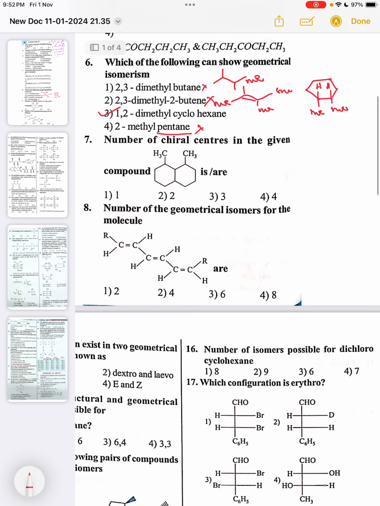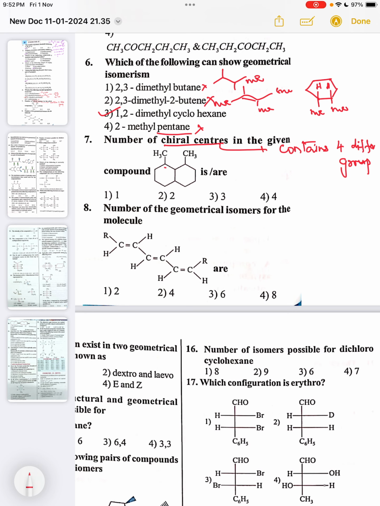Next, let us see the number of chiral centers in the given compound. A chiral center is nothing but a carbon which contains 4 different groups. Then that carbon is called a chiral carbon. This we generally discuss in optical isomerism.